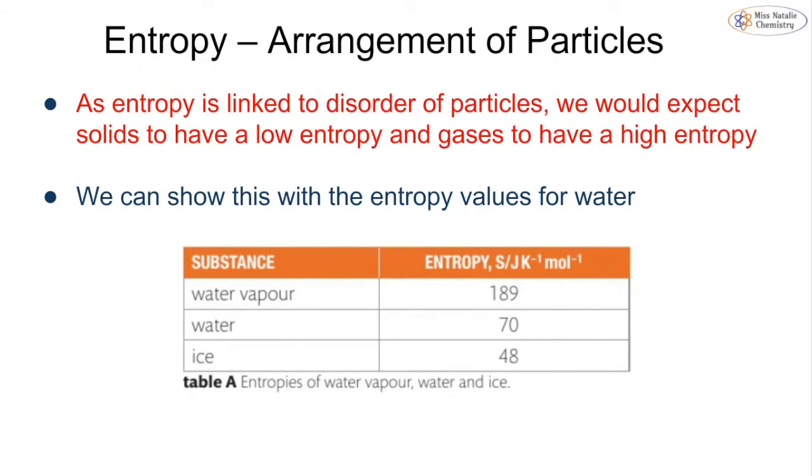Now, because entropy is linked to the disorder of particles and the randomness of the movement of particles, what we would expect is in solids, where the particles are in fixed positions, they would have a low entropy. And we measure entropy in joules per Kelvin per mole.